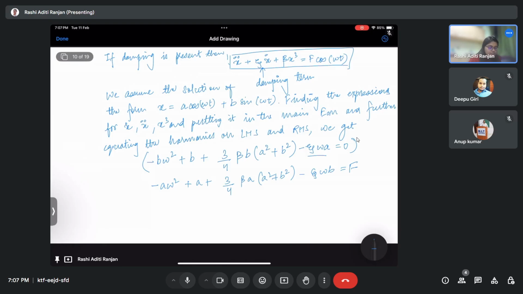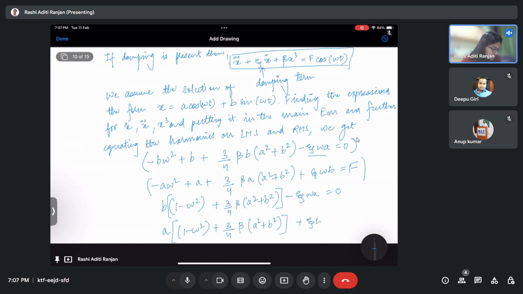Okay, we can write these equations as b times minus omega square plus 3 by 4 beta a square plus b square, we can put this in a bracket, minus epsilon omega a is equal to 0. Then we can write a times 1 minus omega square plus 3 by 4 beta, plus, there should be a plus over here.